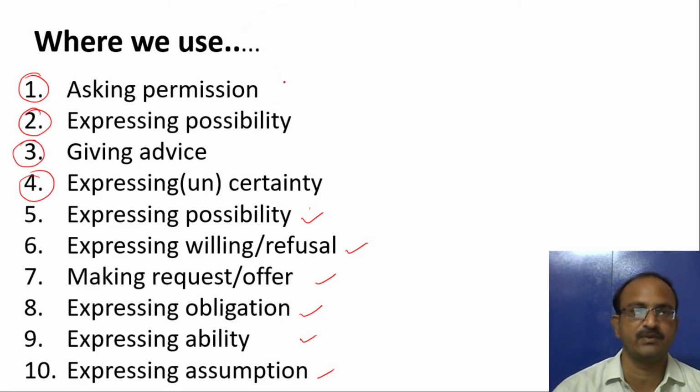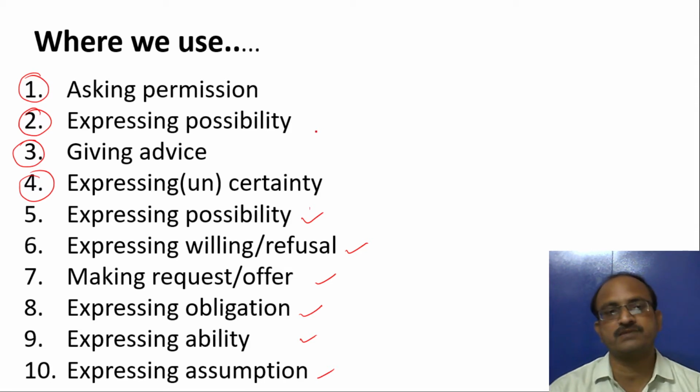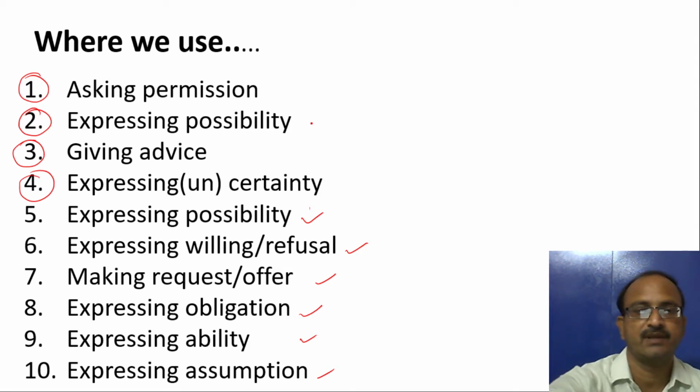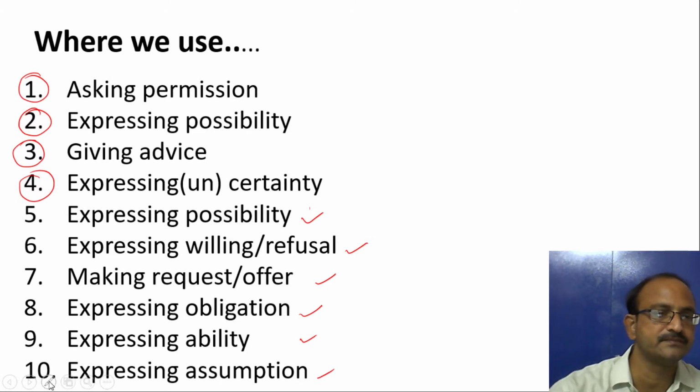Take for example asking permission: we can use can or could. For possibility: may, might, and sometimes will can also be used. Right now we go to some basics regarding these modal auxiliaries.